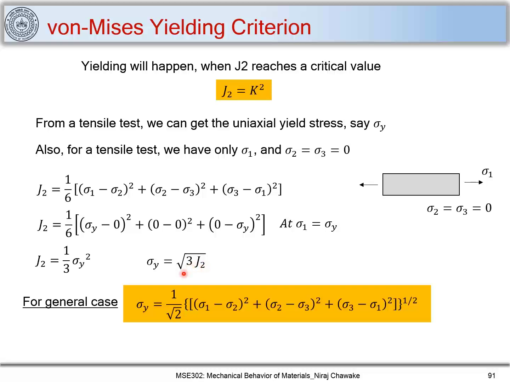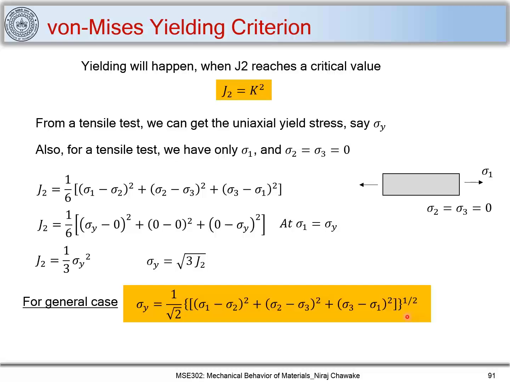So for a general case, I can replace this J2 with principal stresses and these values. So I can say that when the yield stress reaches 1 upon root 2 times the square root of (sigma 1 minus sigma 2) square plus (sigma 2 minus sigma 3) square plus (sigma 3 minus sigma 1) square, the material will start yielding.